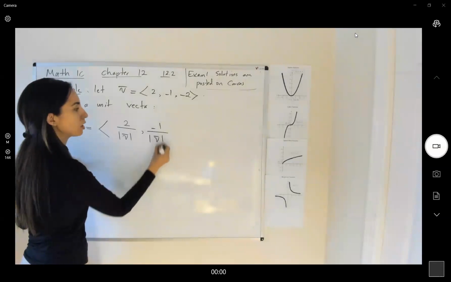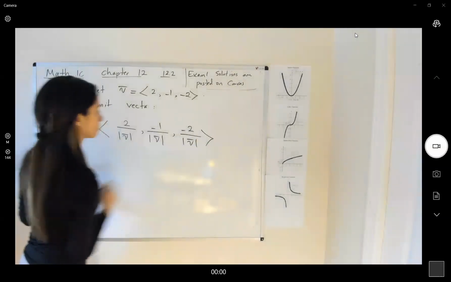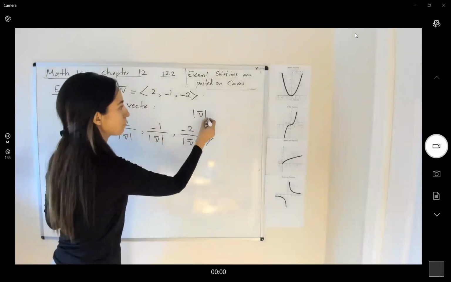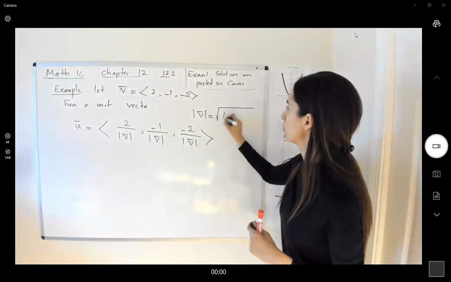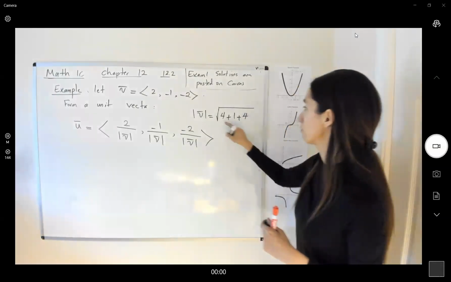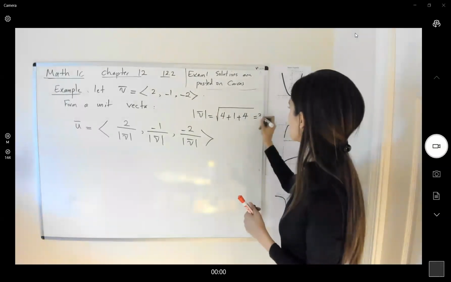So your goal is to find the magnitude of V. The magnitude of V is not very hard to find. The magnitude of V is defined as the square root of 2 squared, 4, plus 1 plus 4, 4, 4, 8, 9, which is 3.